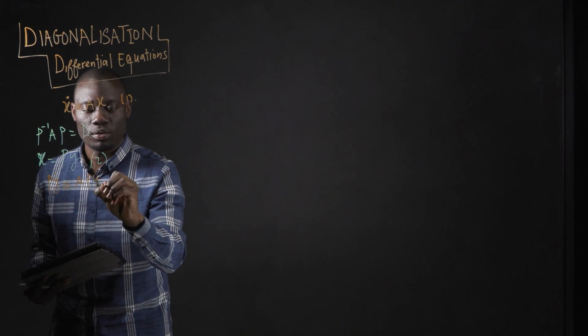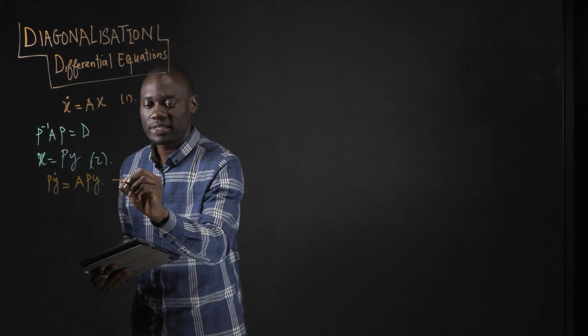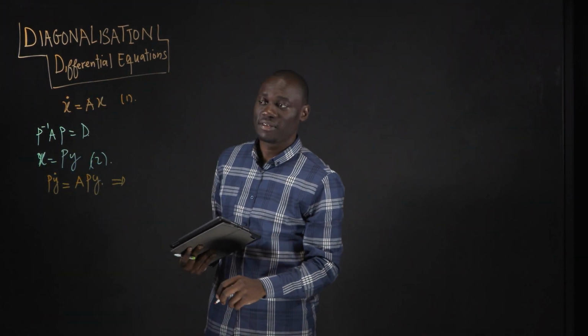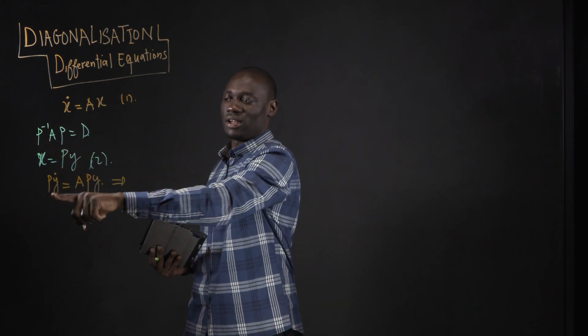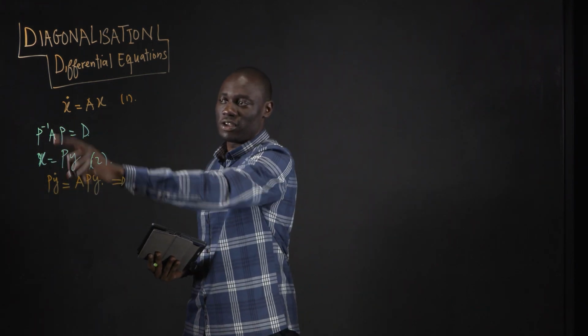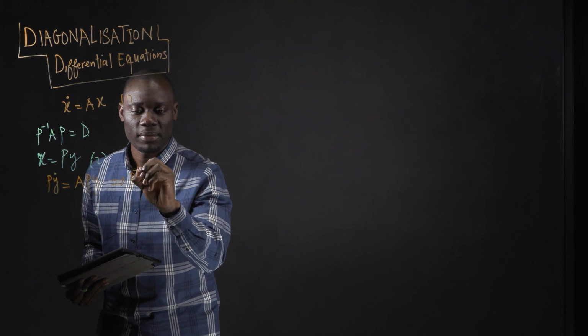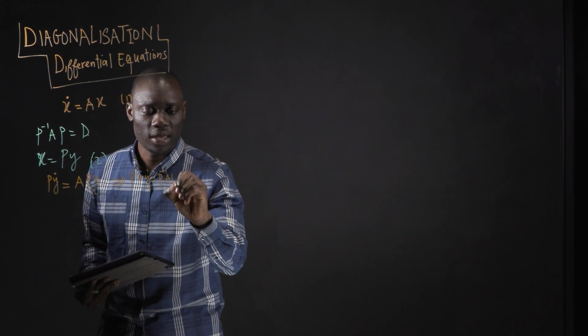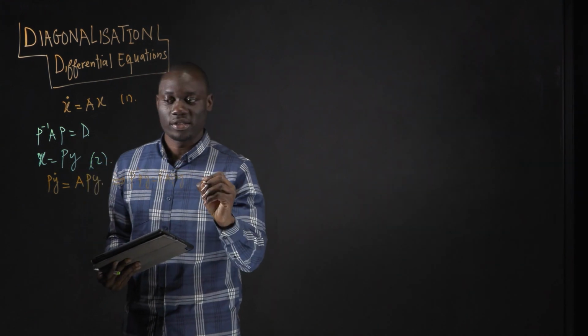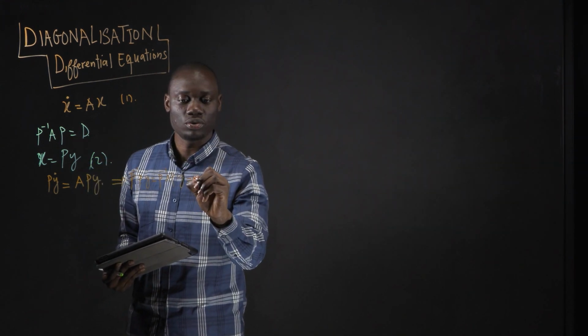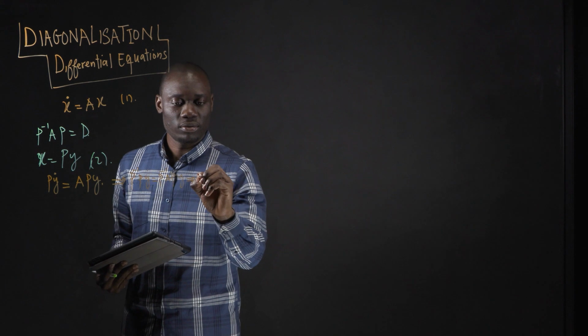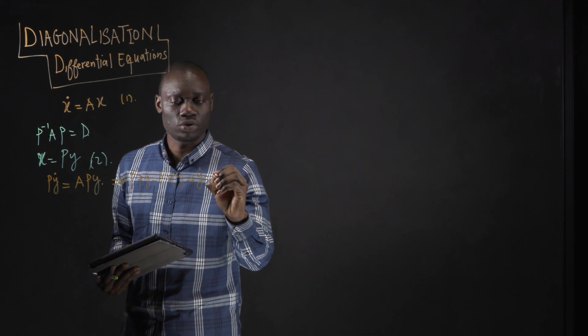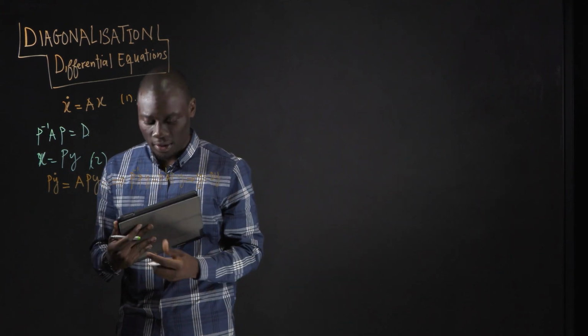P y. The next thing that we can do is multiply both sides by the inverse of P, so we have P inverse P y dot equals P inverse A P y. This leads to y dot equals D y.